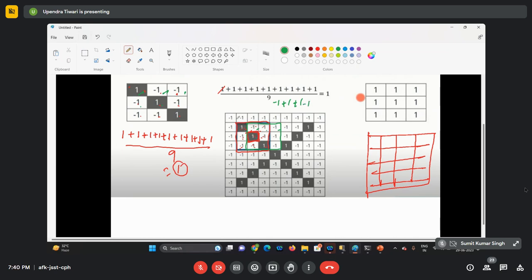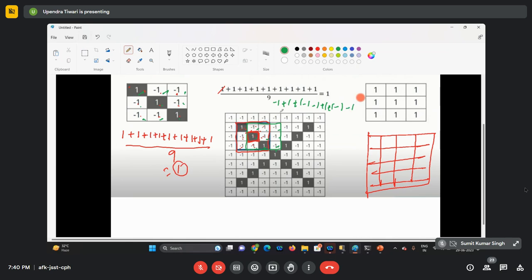This 1 will be multiplied with this minus 1. It will become minus 1. This minus 1 will be multiplied with this minus 1. It will become plus 1. This minus 1 will be multiplied by this minus 1. It will become plus 1. This minus 1 will be multiplied by this 1. It will become minus 1. 1 will be multiplied by the minus 1. It will become minus 1.